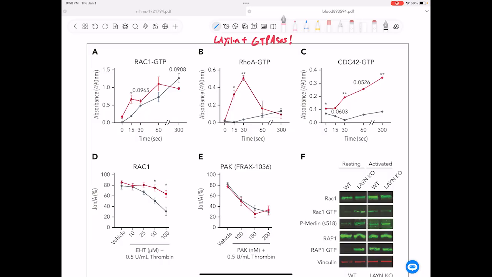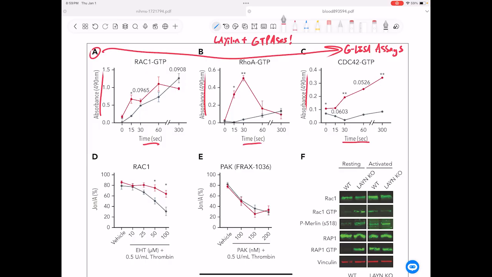So A through C, these are all G-LISA assays. What you need to take from this is that the higher the absorbance measured here, as time increases across the x-axis, the more of the activated form of the GTPase.